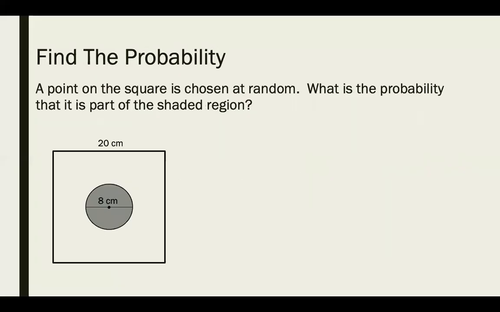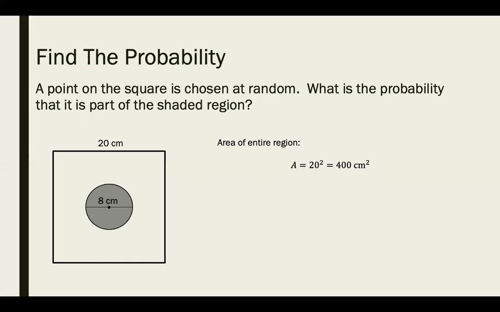Here we've got a square, and we're choosing a random point on that square. If we do that, what's the probability that the point ends up in the circle? Well, we need to calculate the area of the whole region and then of the circle. So first of the square, that is just going to be 20 times 20, or 400. Then for the circle, we have a circle with a diameter of 8.